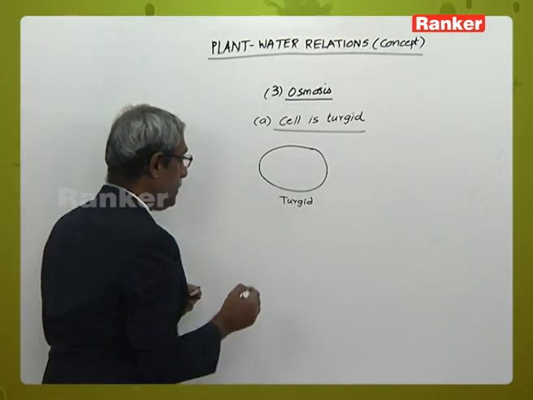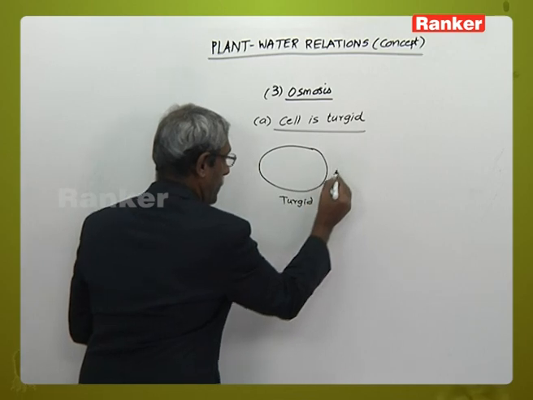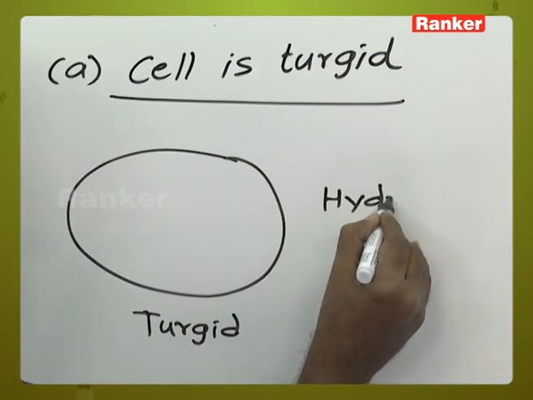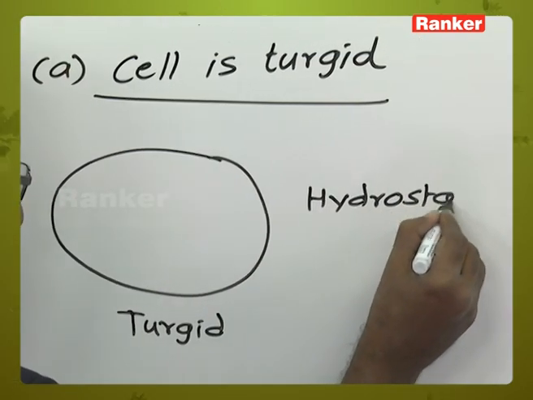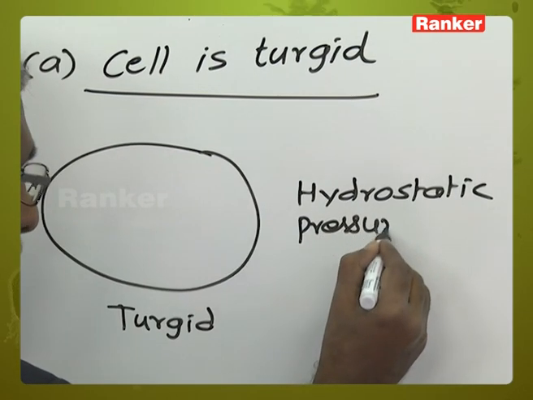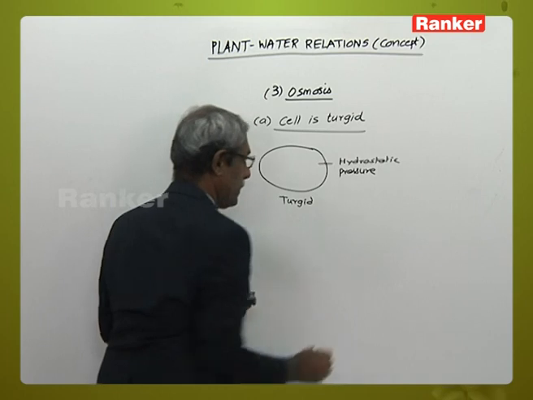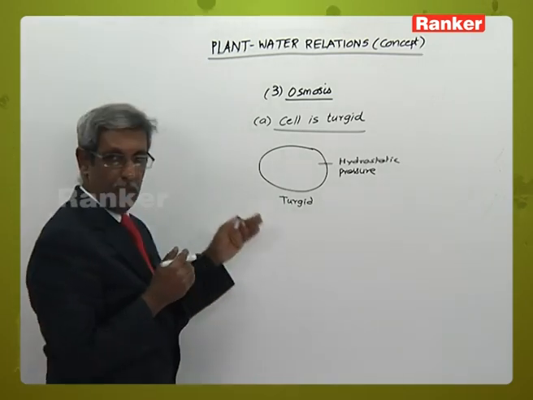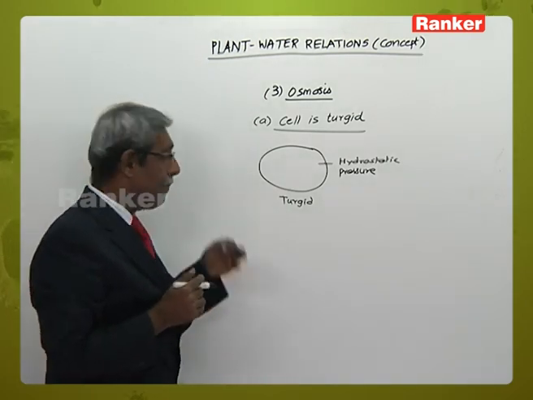In turgid condition, the hydrostatic pressure, the water pressure, is exerted by the cell sap.